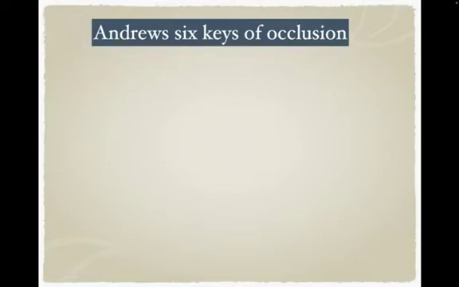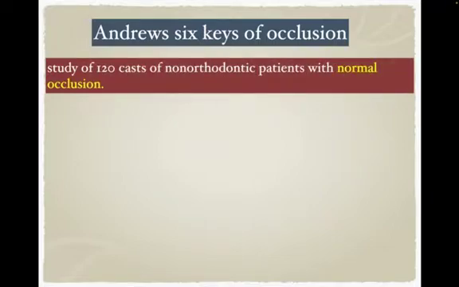But then we needed a little bit more detail. So Andrews came in with his 6 keys to normal occlusion. How did Andrews come up with these 6 keys? He studied 120 casts of non-orthodontic patients with normal occlusion.